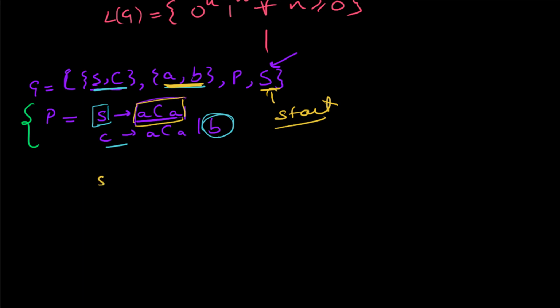So I'll start with S, which says you can go to ACA. So this tells me to go to ACA, and now S doesn't go to itself. So actually both of these are the same, so it doesn't matter. So I need to check C, and C says that you can go to ACA. So I'll just write this very quickly for you.